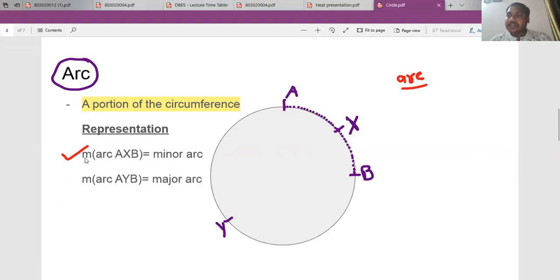M stands for the measures. So the measure of the arc AXB is what I have given the name minor arc, and the measure of the arc AYB I have written as major arc. Major is the bigger one, and the smaller one is the minor one. So you all will get the idea what minor and major arc mean. I hope this one is clear to you all.